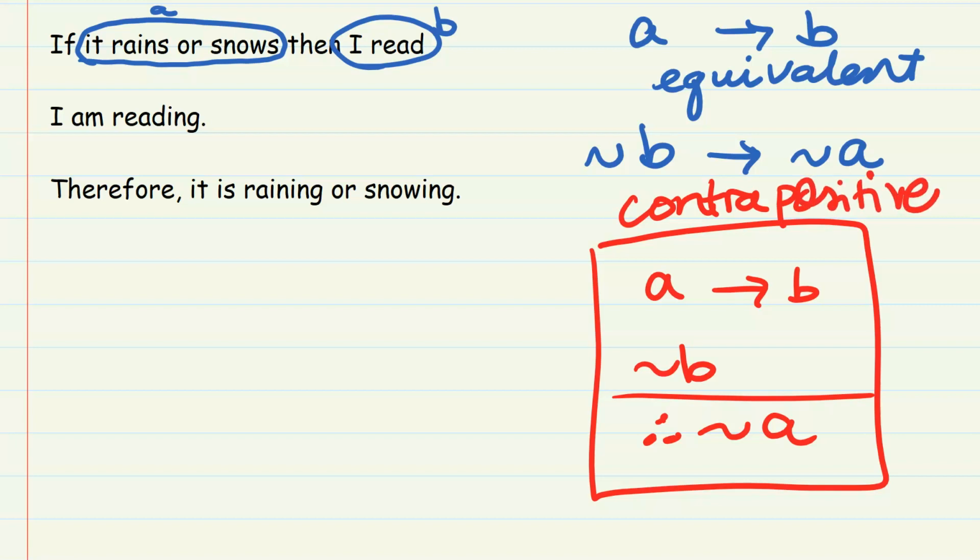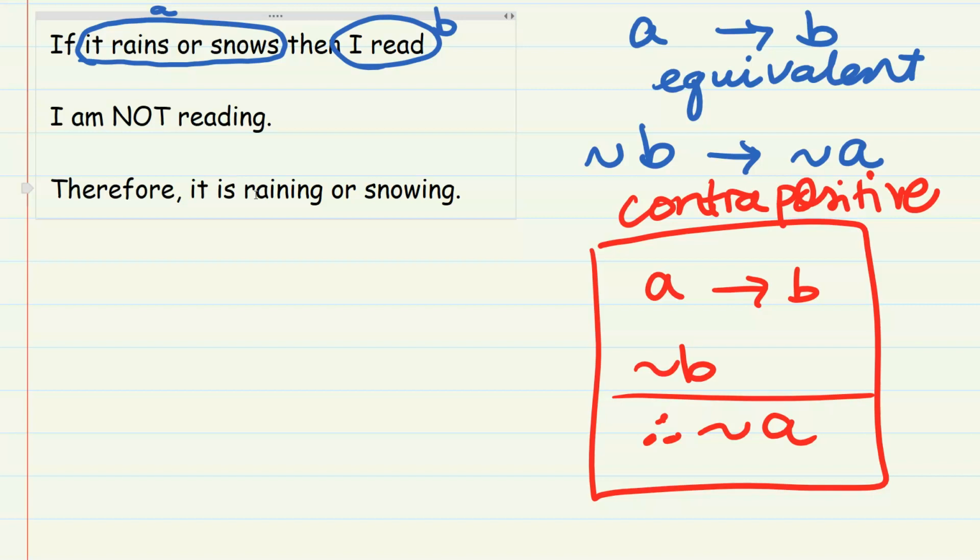So I would have to change this right here, that second premise, to not B, which means I am not reading. Therefore, then I have to change this right here to not.